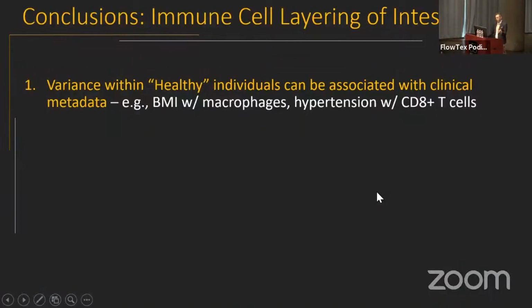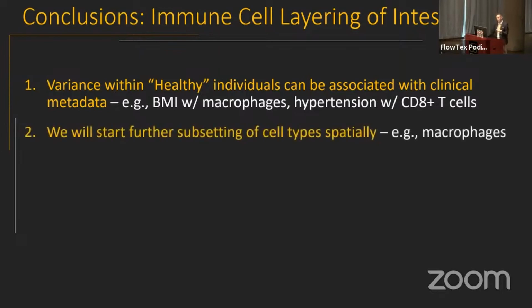So I'm just going to conclude this part of the talk, and just say that understanding clinical metadata associated with the data that we collect is really important. It explained a lot of the variance that we saw within CD8 T cells or macrophages. I think this macrophage subsetting and spatial subsetting, we'll continue to do with other cell types.